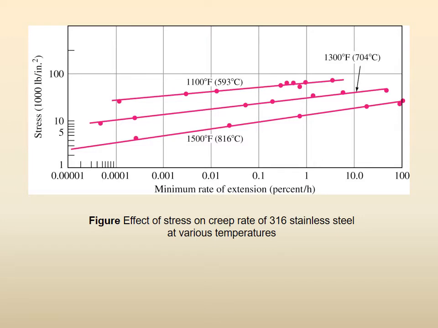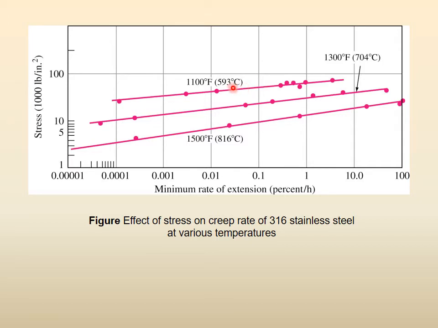Here they are telling you that the material is 316 stainless steel. Here is the stress, what stress we are applying, and here is the minimum rate of extension, percent per hour. And if you see, this is roughly 800 Celsius, this is 700 Celsius, this is 600 Celsius, and so on.